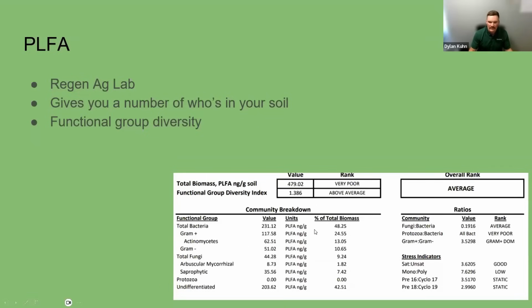In this example, your fungi to bacteria is average. If you can get that 1 to 1, that's usually a pretty good level to be at.